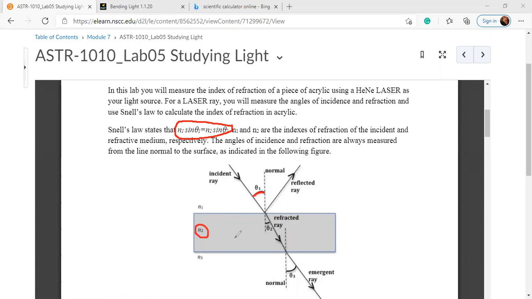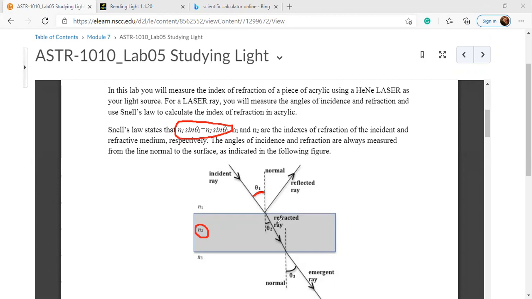Say this is a glass slab. It could be water also, it could be diamond also, whatever. But say this is the glass slab and its refractive index is n2. This angle right here we call the refracted angle. So this is the refracted ray. Refracted means it is bending.